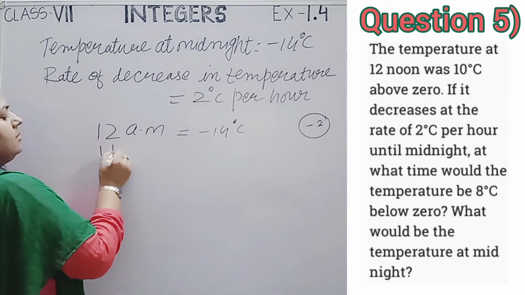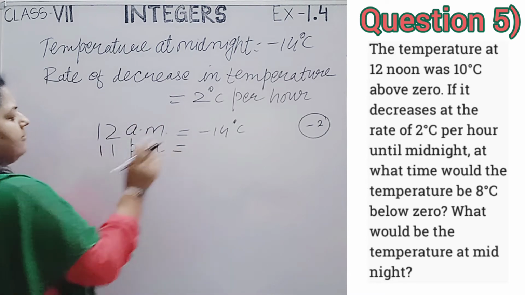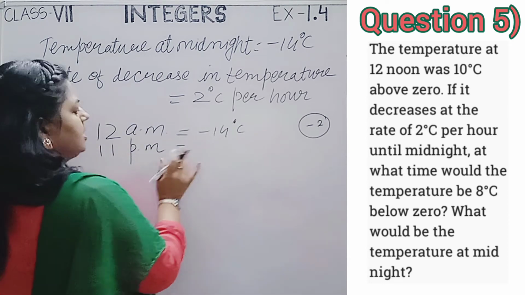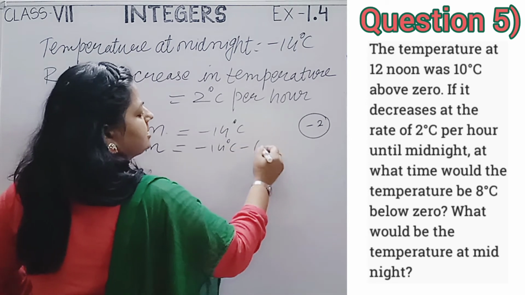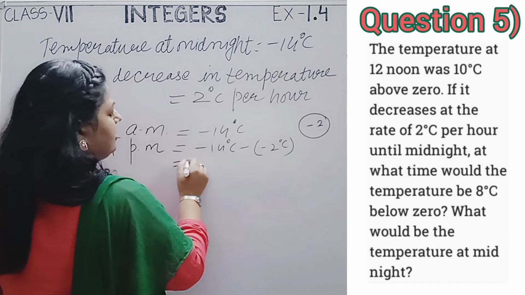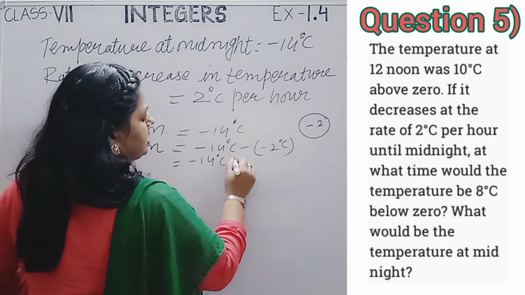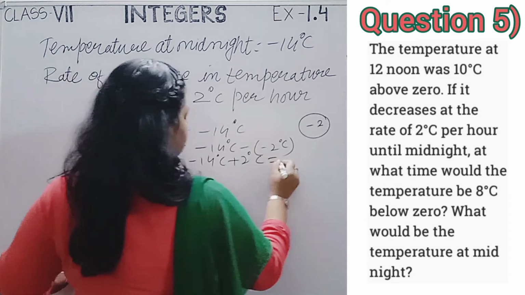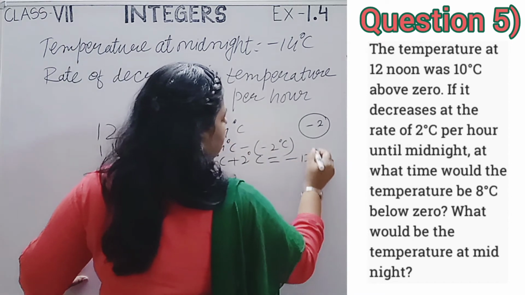So at 11 p.m., because we have 12 midnight and before it 11 p.m. will come. So minus 14 degrees Celsius minus 2 degree Celsius, and minus plus again minus. So minus 14 plus 2 is minus 12 degree Celsius.